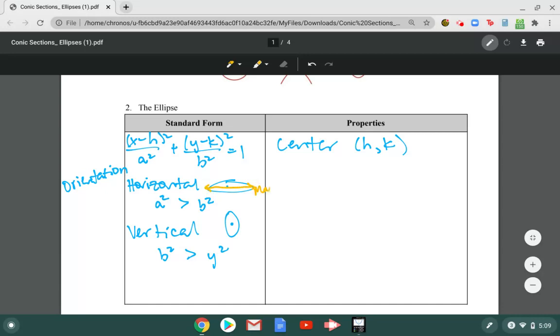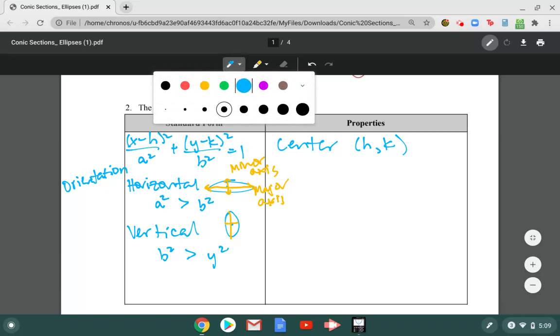So this is my major axis, the longer one, and this one is my minor axis. In the vertical orientation, they're flipped. The major axis is vertical and the minor is horizontal.